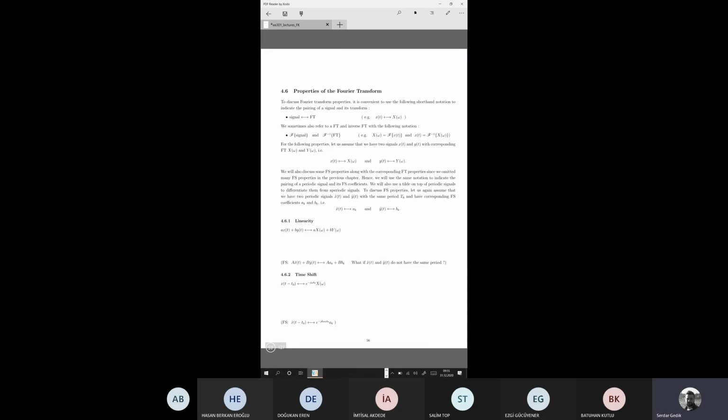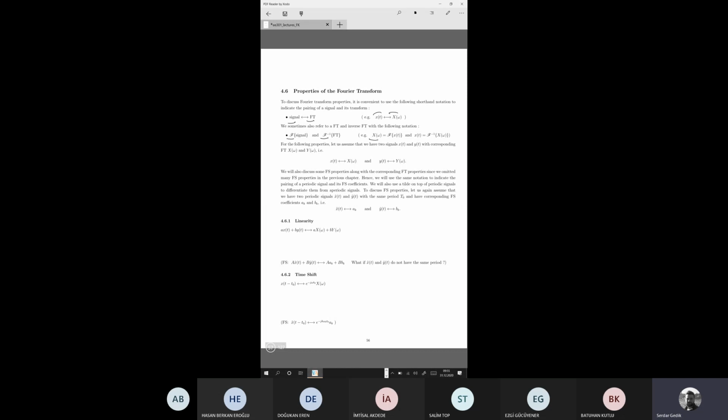Well, the next thing that we will discuss is the properties of the Fourier transform. First, I will talk about some notation. I have x of t on the left-hand side, and I have x of omega on the right-hand side. The Fourier transform can be shown with this notation as well, and the inverse Fourier transform can be shown by F inverse.